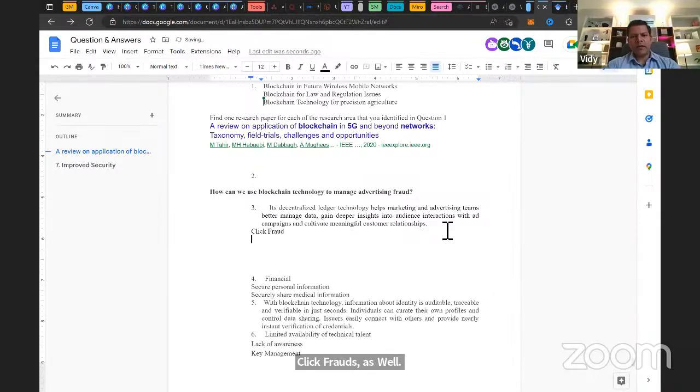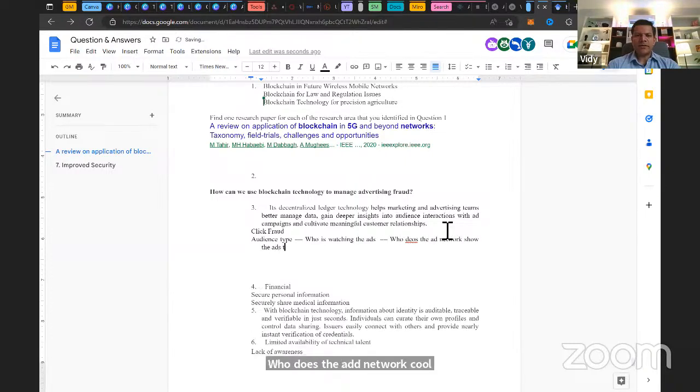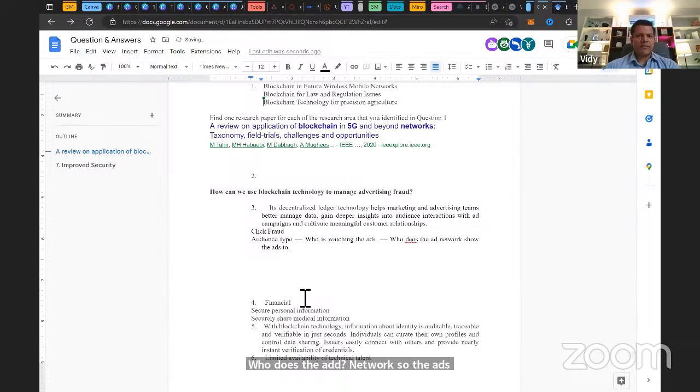And the audience type, or I don't know what to call that, basically who is watching the ads, or who does the ad network show the ads to. So the right audience has to be there.